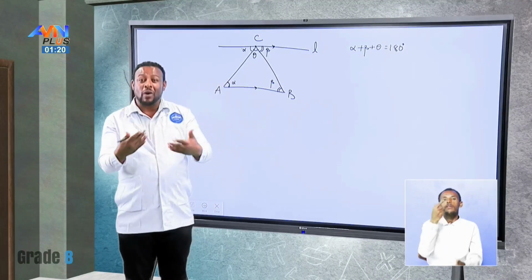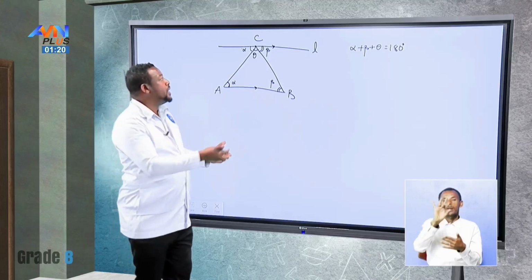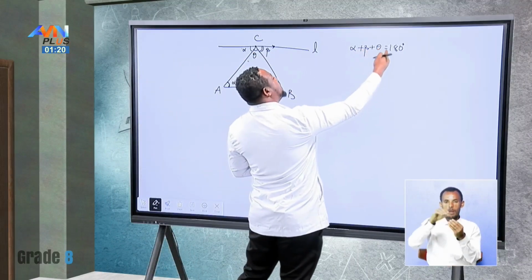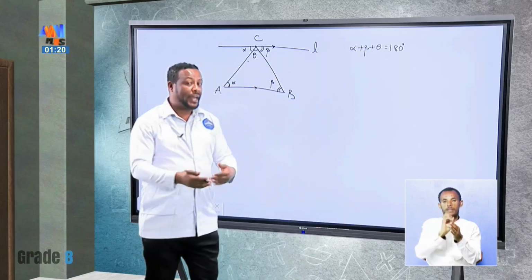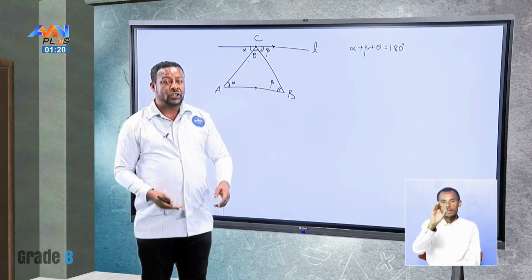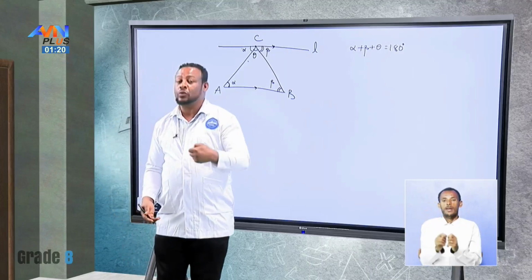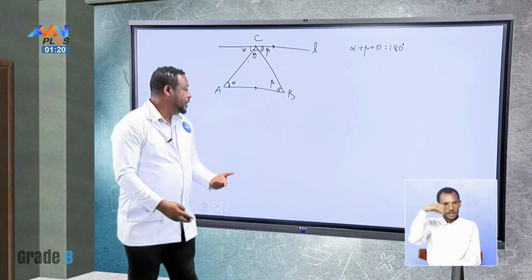If they form 180 degrees, clearly the sum of these three, alpha plus beta plus theta, will give us 180 degrees. So this concludes that the sum of the interior angles of a triangle is 180 degrees, right?